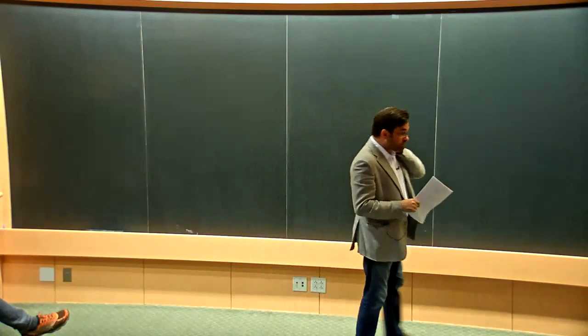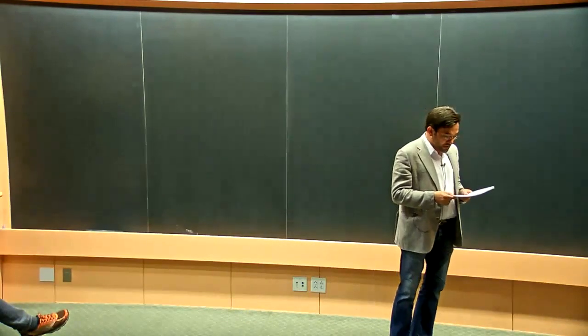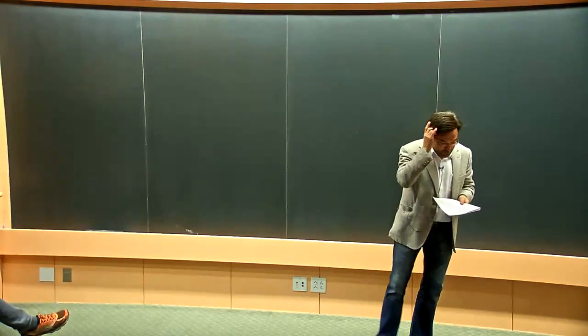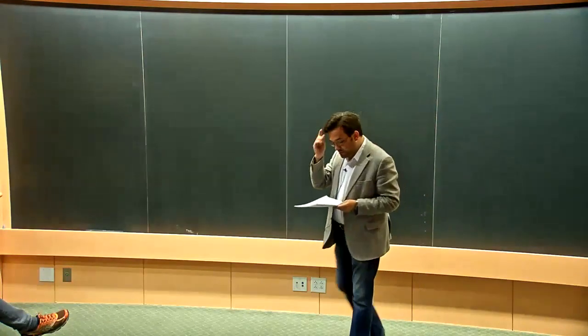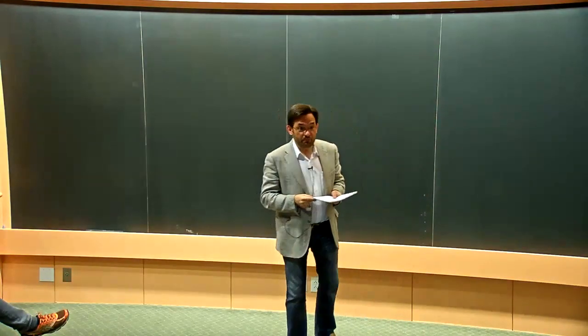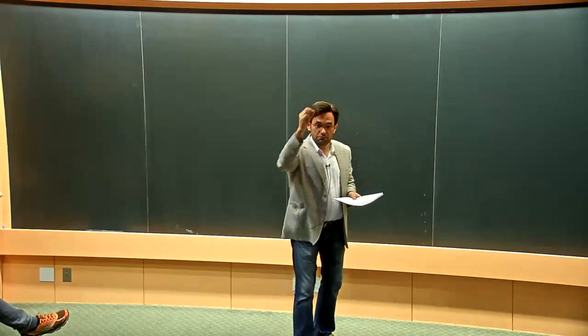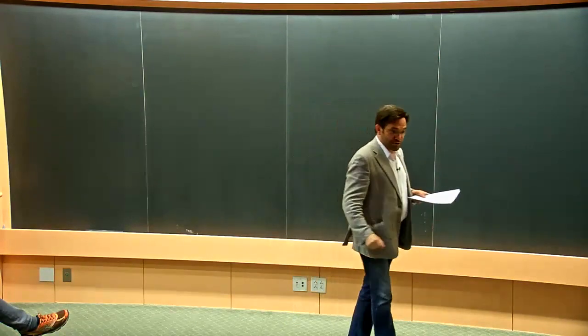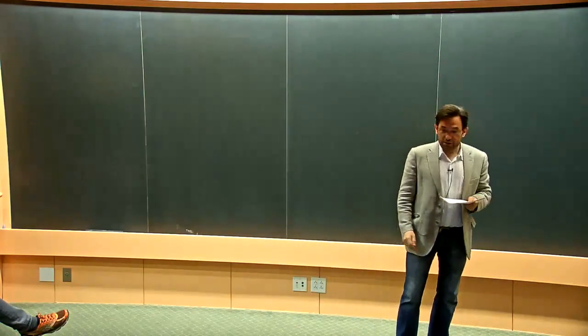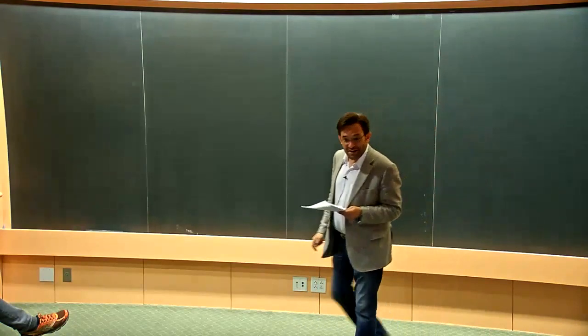I want to make something clear from the outset, which is that in astrophysics we usually deal with systems that are not in thermal equilibrium. So we cannot go ahead and write the distribution function just like that by maximizing something.